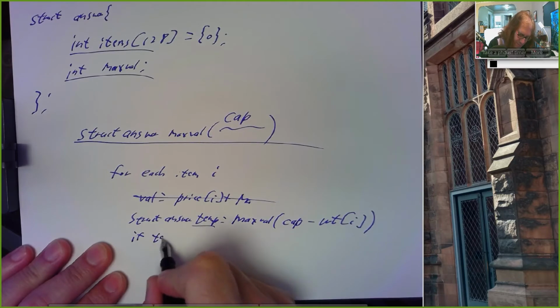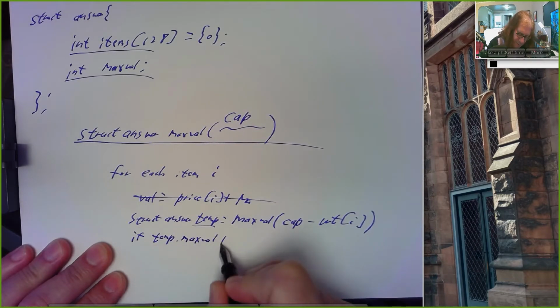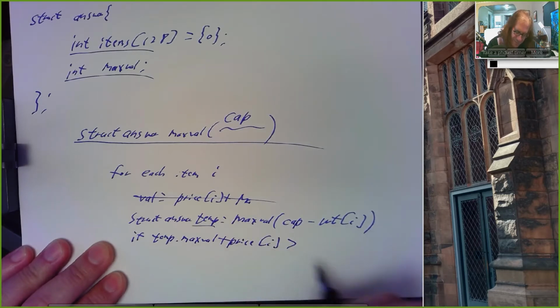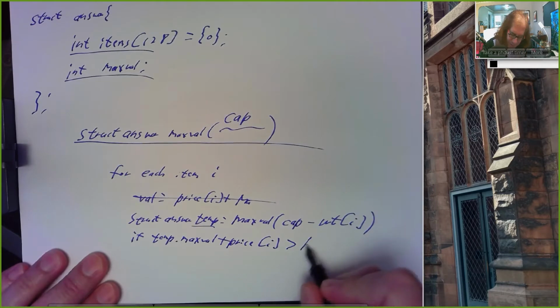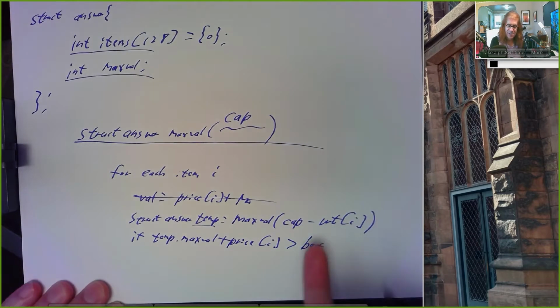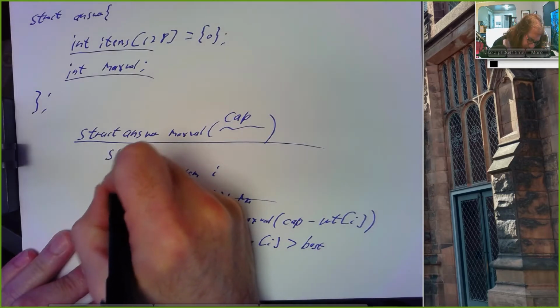If temp dot maxval plus price of item I is bigger than best. Right, and if it is, then this is your best answer so far, is to start with item I. So make best a struct answer also.